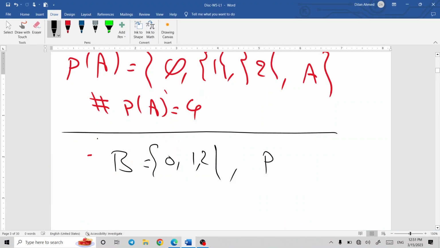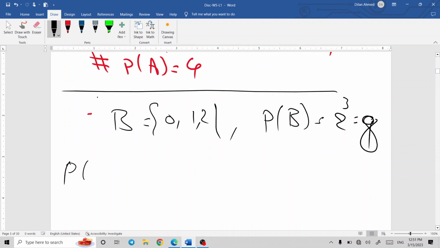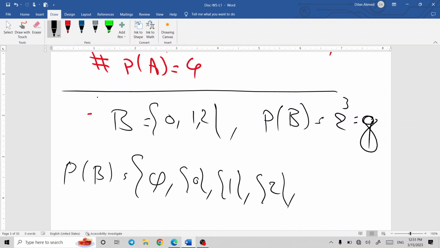So tell me about the power set of B. 2 to power 3, which is 8. So how about the 8 elements? I say the power set of B equals phi, then single 0, single 1, single 2, then what else?